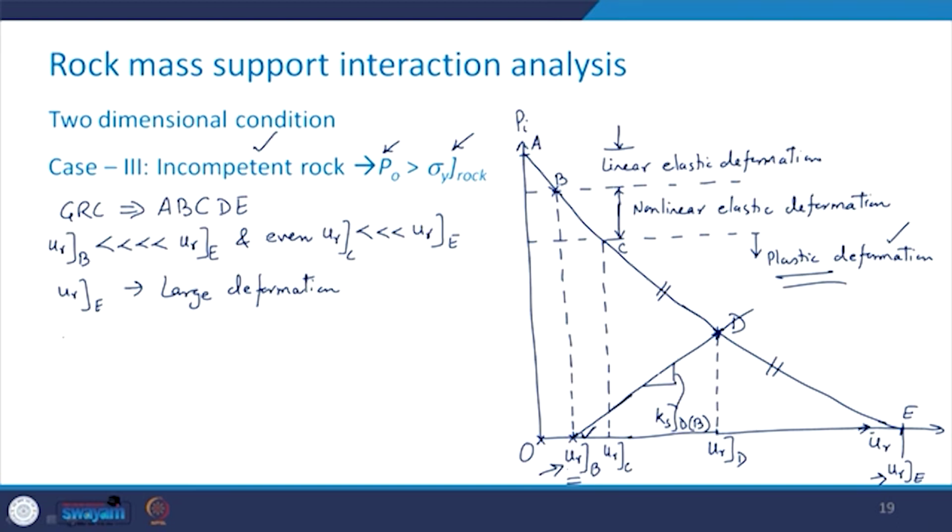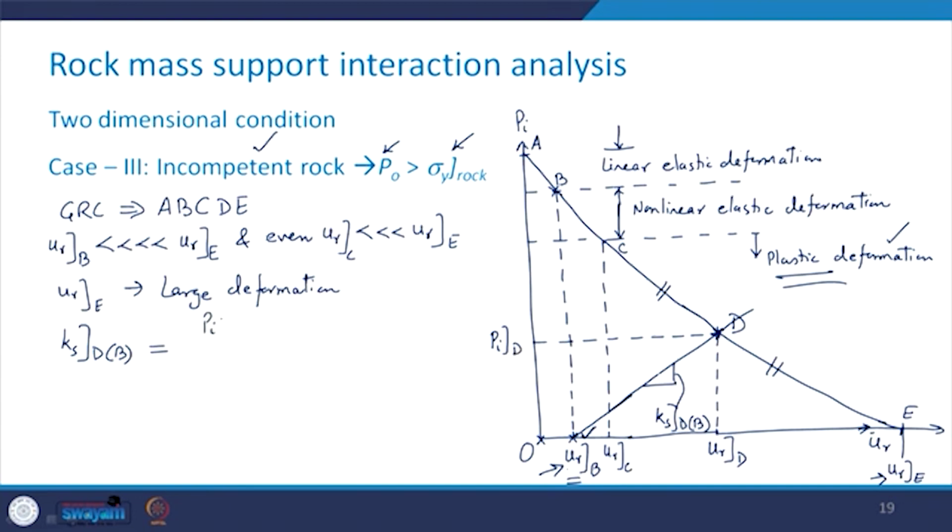So this Ks at D, when it has started from the point B, is going to be what? I take this line here, and this is going to be Pi at D. So find out this stiffness.